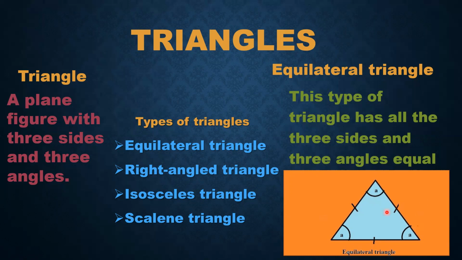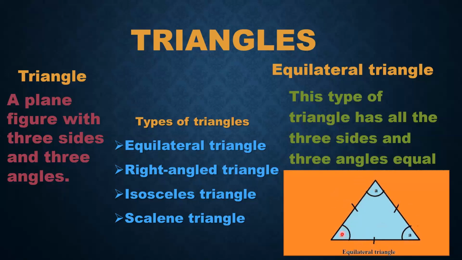That is the example or diagram that shows an equilateral triangle. It has the same indicator mark here, which shows that the 3 lines are the same. This line and this line and this line are the same.